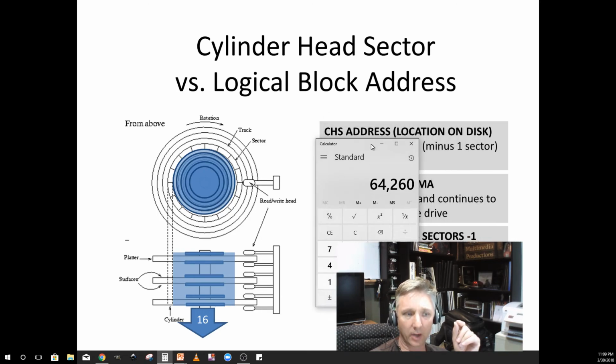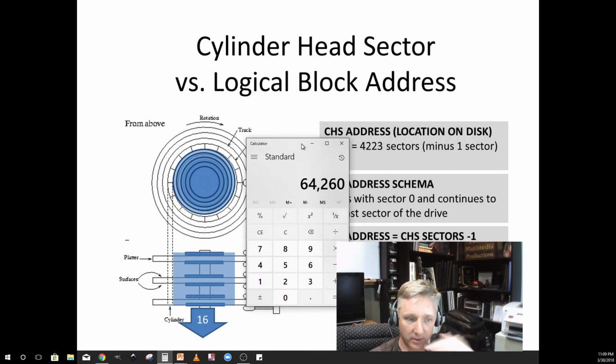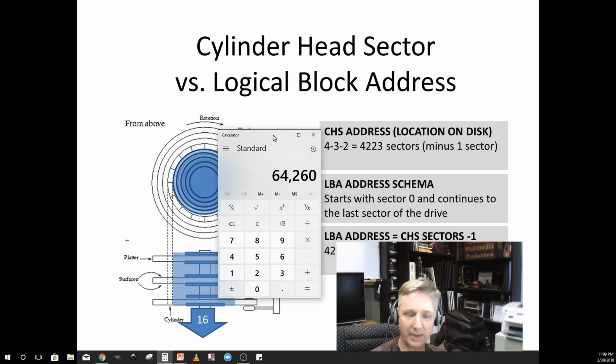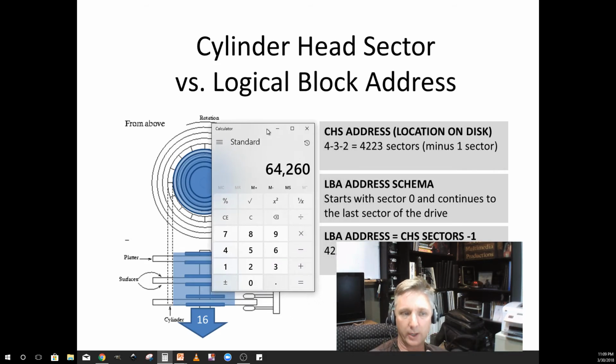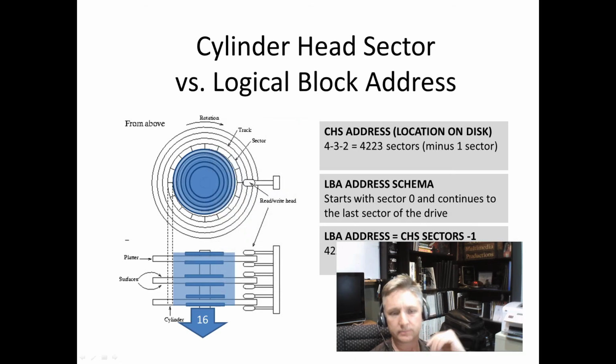I know that on the top surface of the top platter, so head 1, I've got 64,260 sectors. Okay, so yes, that should be correct. And that's the total number of sectors on the first platter, right?